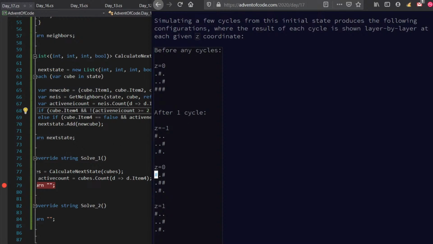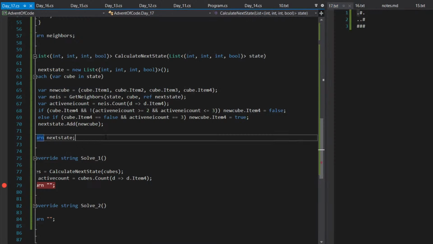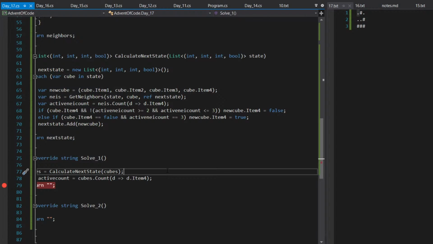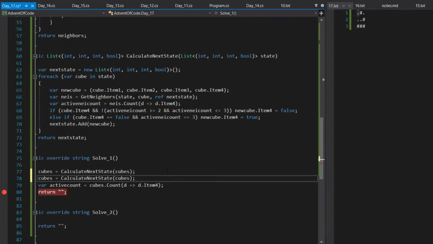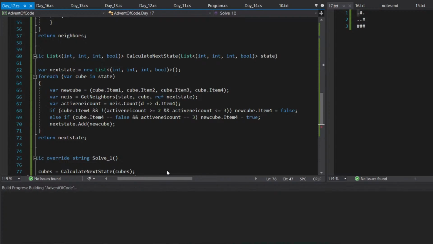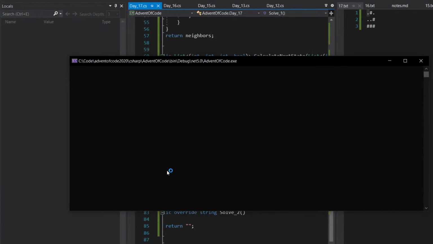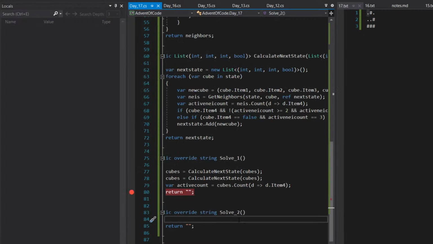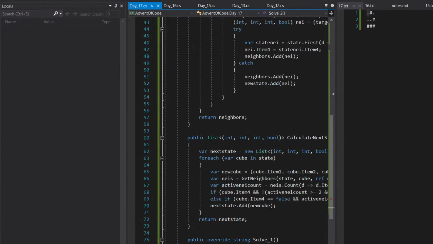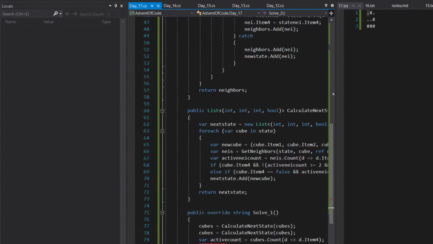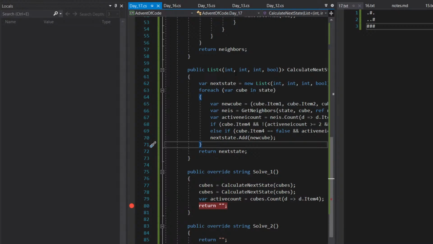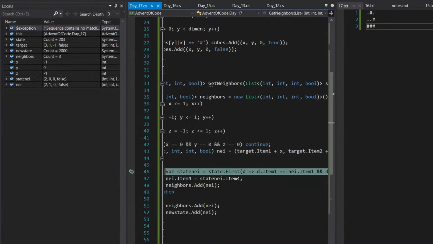Or maybe, I wonder if this means cycle 1. Let's run this twice, just in case. Oh man, this is super slow. What is it doing?